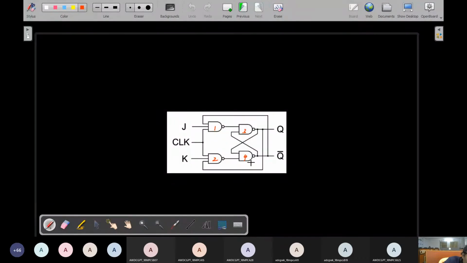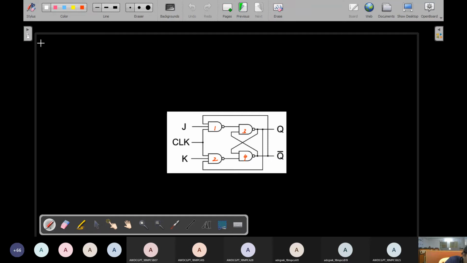Okay, so this is the JK flip flop formation. The third pin of the first NAND gate is connected to the fourth NAND gate output, and similarly the second NAND gate input is connected to the third gate output. So these additional connections are provided, and therefore the SR flip flop is now converted into a JK flip flop.